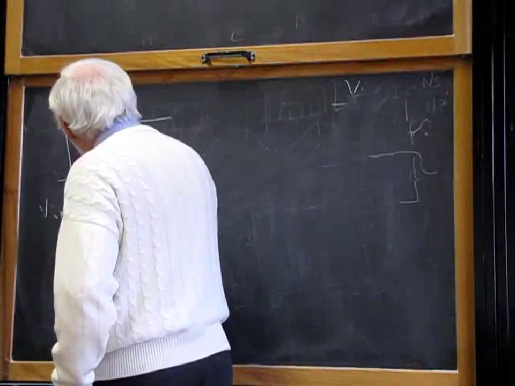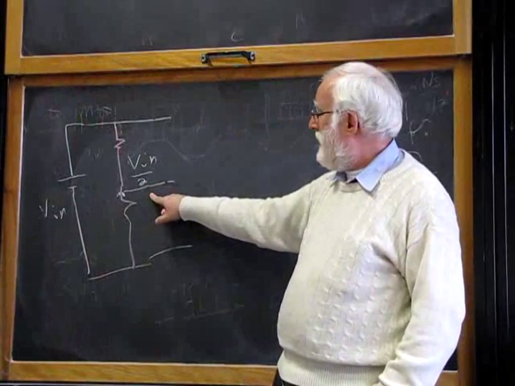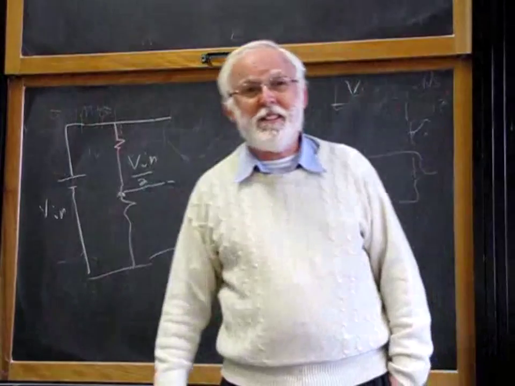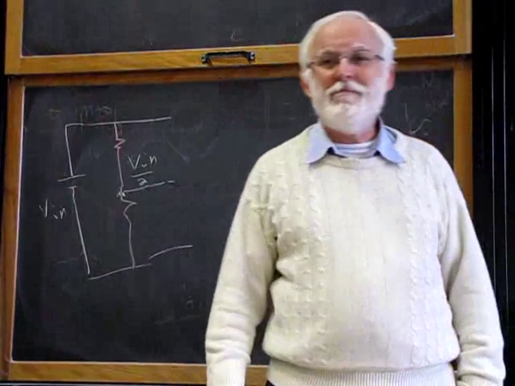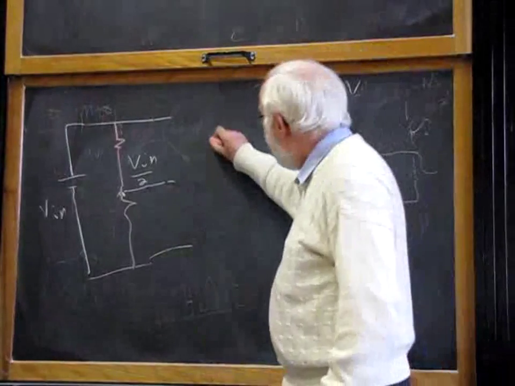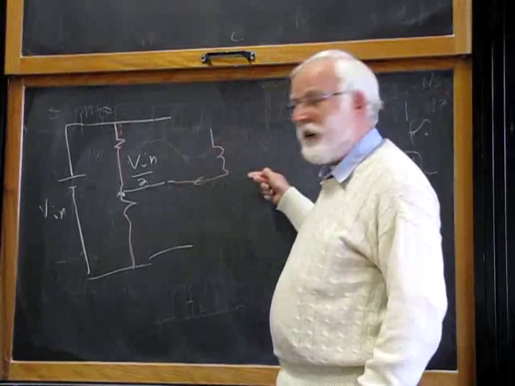We can put here two equal resistors. We get easily Vin over 2, and at the same time we invent electric heating. Because if we put here a primary of the transformer, there is a lot of current flowing forth and back.